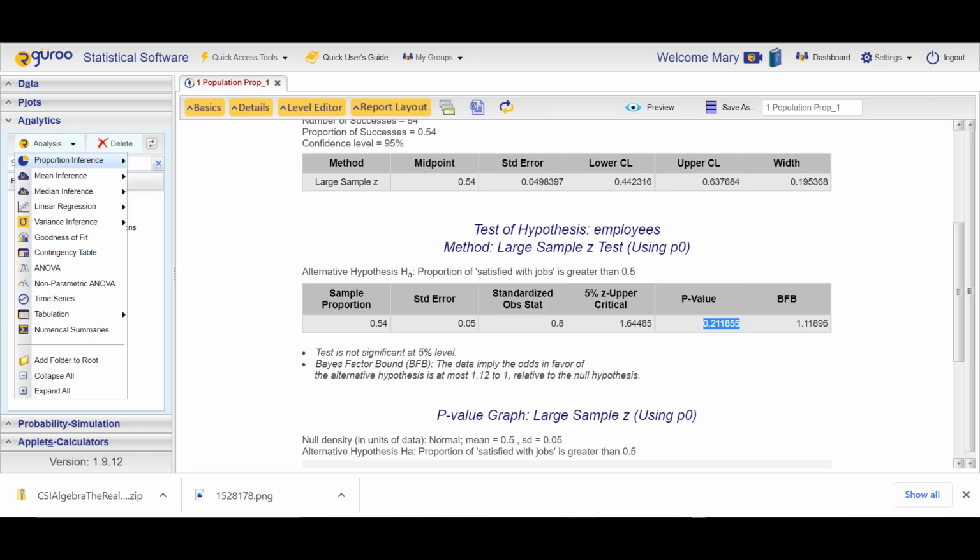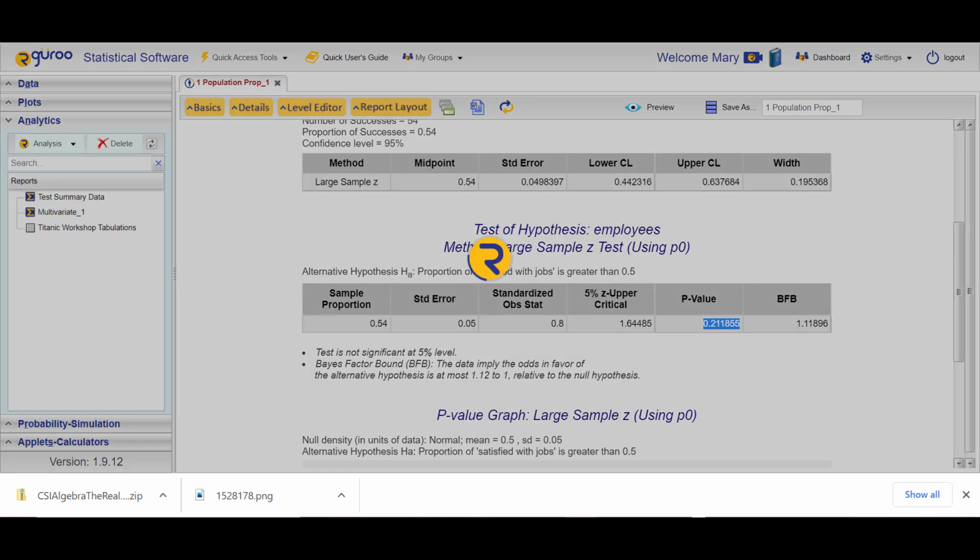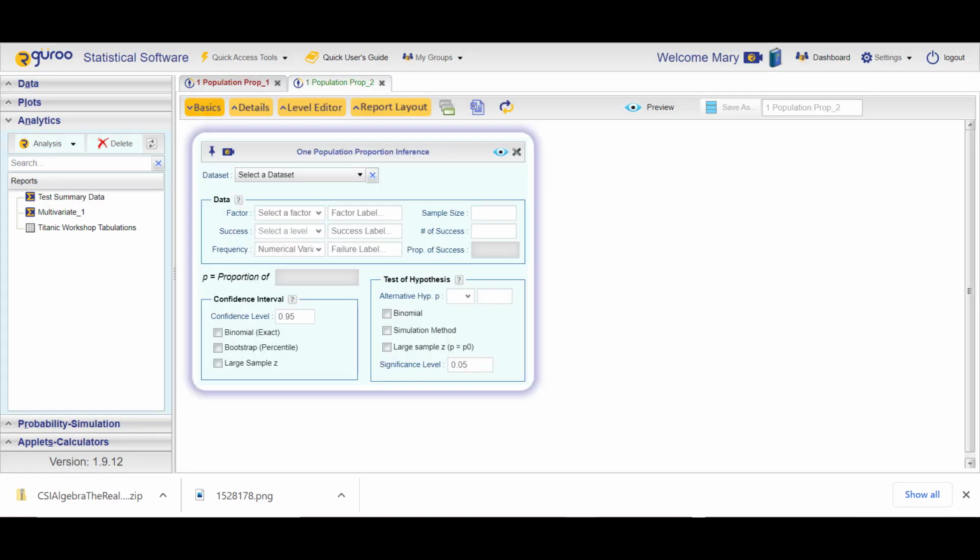Analytics, analysis, proportion, inference, one population. Sample size 500 and 500 what? Label it emails. And the number of successes was 382. 382 emails were spam.